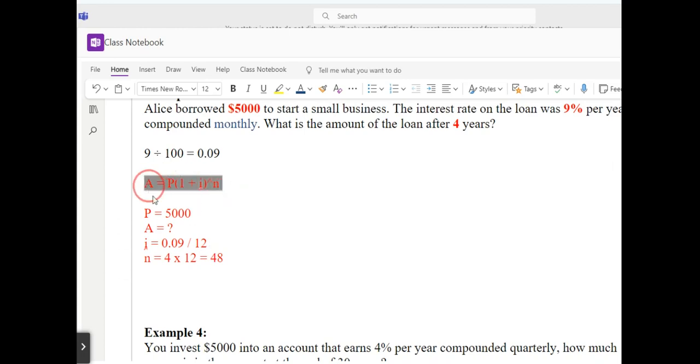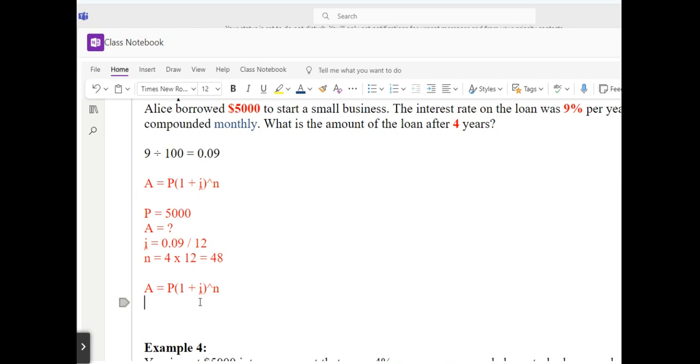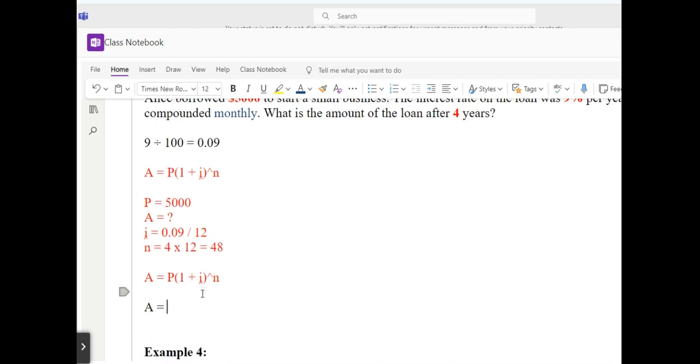Okay. So now we're going to be using the above formula. A stays the same. P, equal sign stays the same. Instead of P, we shall write 5,000. 1 plus, instead of I, we will write this 0.09 divided by 12. And we'll put the exponent.